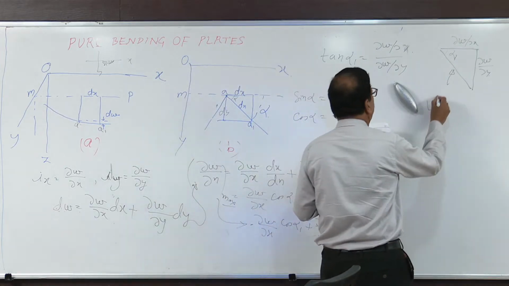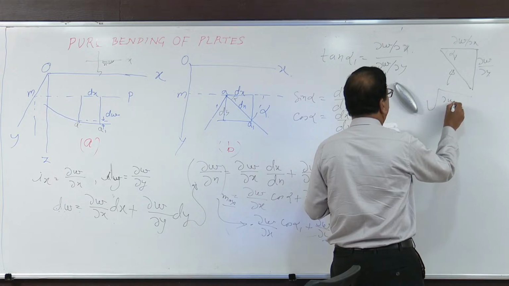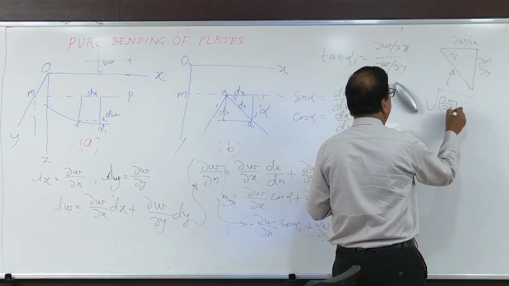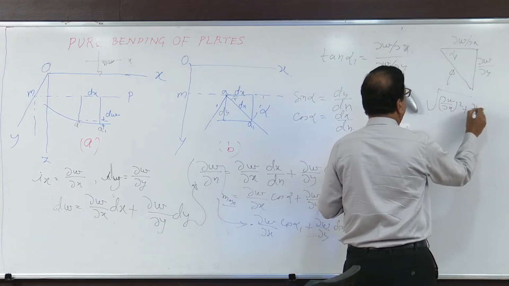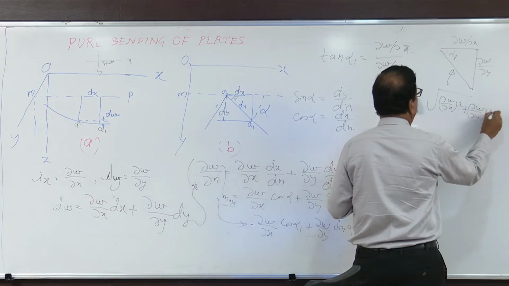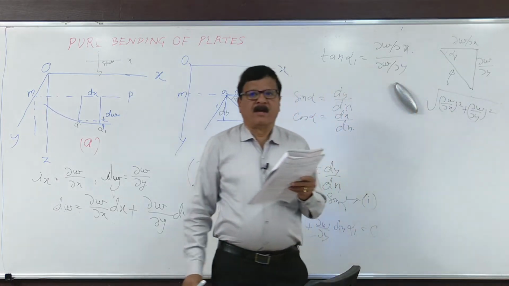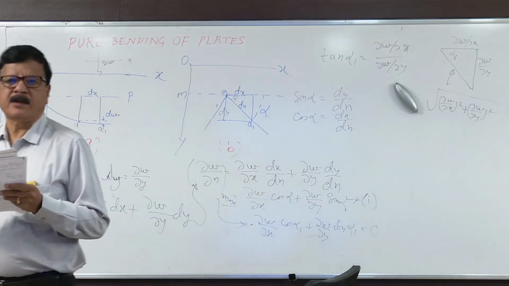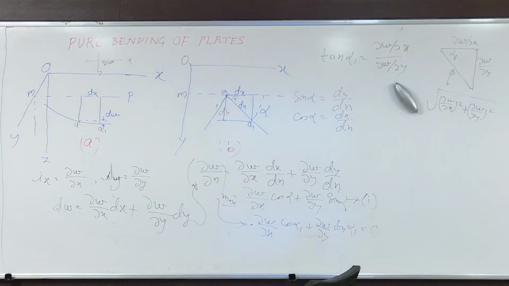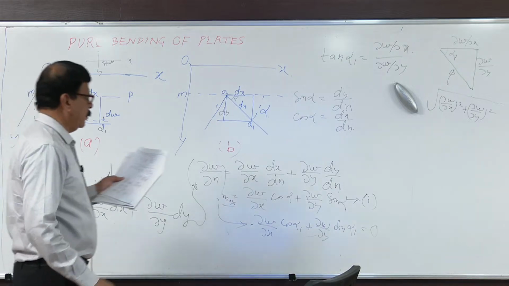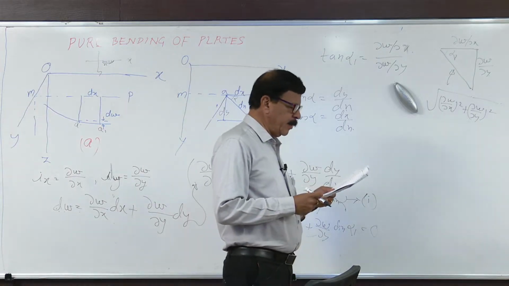Under root of del w by del x square plus del w upon del y square. What about the others? Kunal and Abhijit, are you getting me? Yes, sir. Clear? Yes, sir. If you have any problem, you can ask.